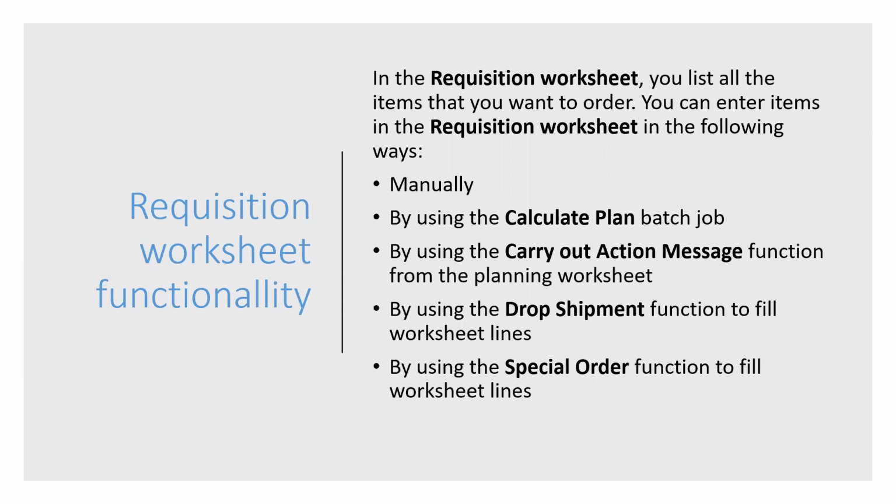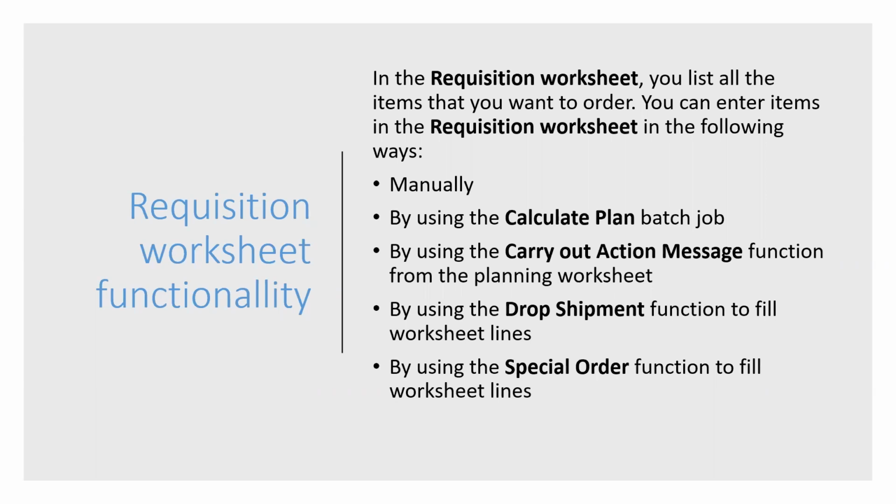Then we have special orders. We also have this function when we are going to request specific items that could include some special requirements, such as assembly. All right, just to mention some basic concepts.